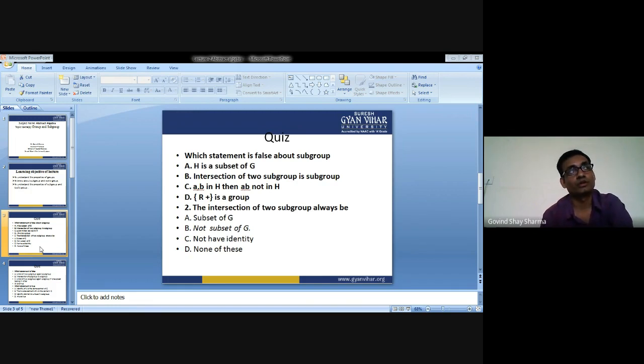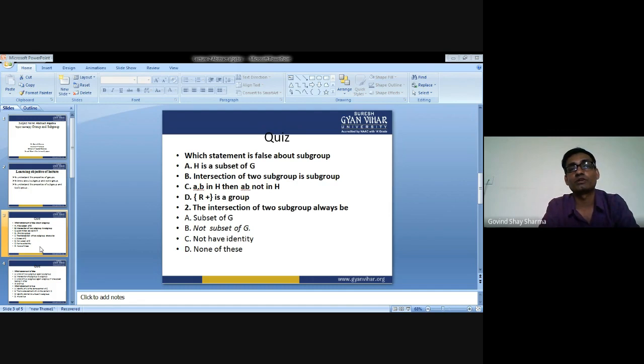Yesterday I proved this theorem, and today I start with this statement that intersection of two subgroups is always a subgroup. If A and B are in H, then AB is not in H. Yesterday in the previous lecture, I proved that if A belongs to H, B belongs to H, then AB is definitely in H. Or in the matrix form, in the example, I used A belongs to H, B belongs to H, and AB inverse belongs to H. So C is the right answer.